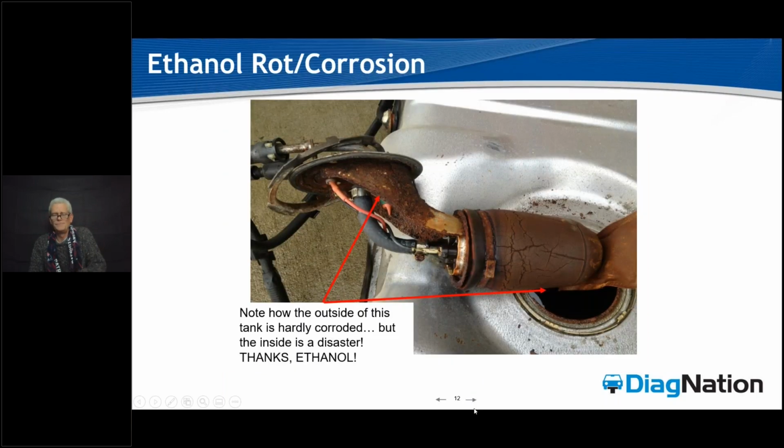Okay, now, this is an old tank. We don't see the metal tanks that much anymore, but I did capture this out of an old Cadillac just to show there really truly is lots of rot and corrosion going on in that fuel based on the heat cycling and the mixture of oxygen and water. Now, this is one of the main reasons why they're A, doing plastic tanks, and B, plastic fuel pump modules.